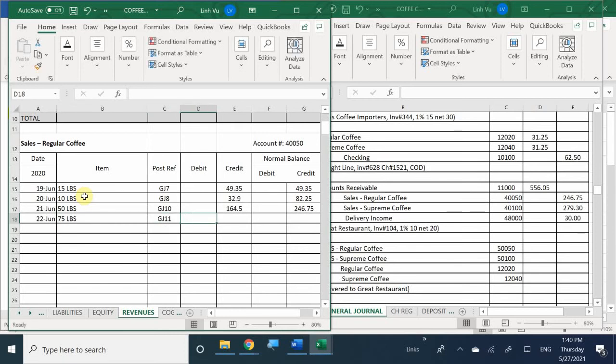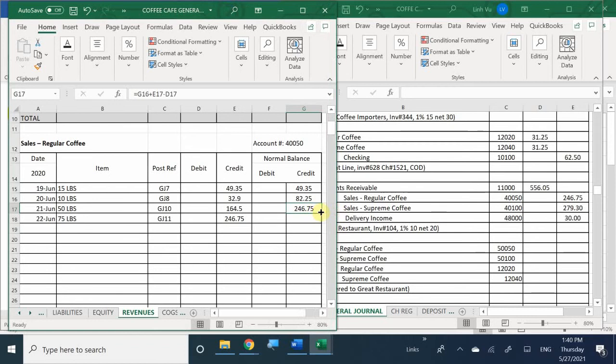General Journal 11. Credit for $246.75. Brings a running total of 493.50. 493.50. Good.